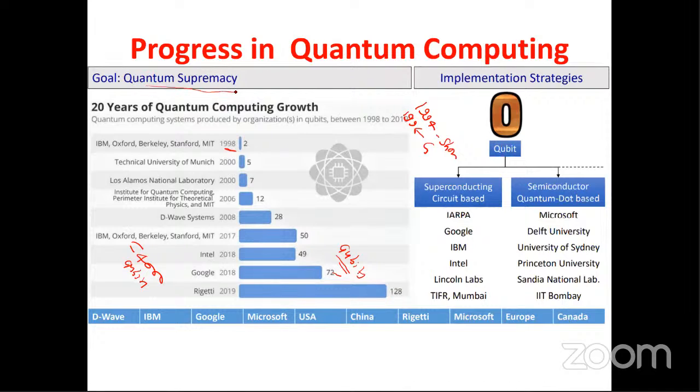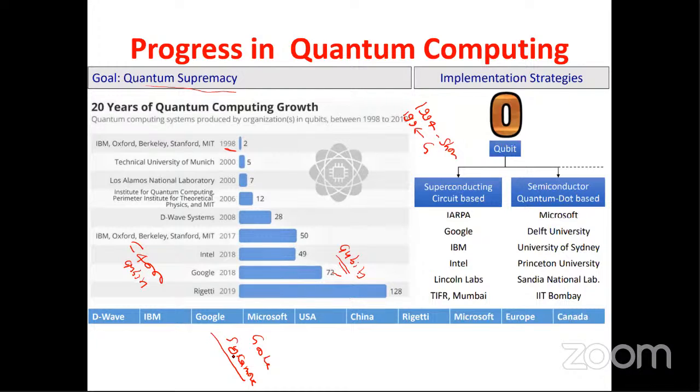So what is quantum supremacy? What Google did with their quantum computer, named Sycamore, is they did some computation on a quantum computer, and if we want to replicate that same computation on a classical supercomputer, then the classical supercomputer was taking thousands of years.